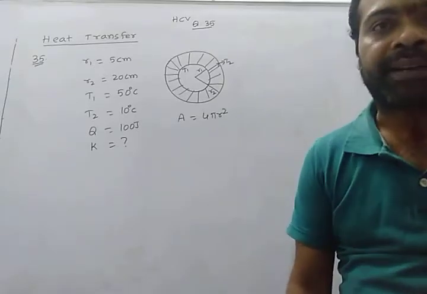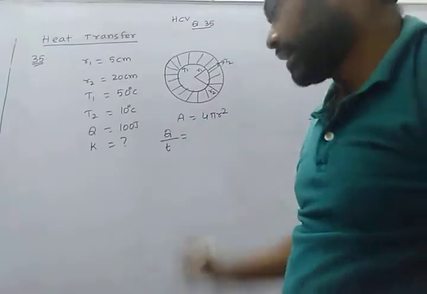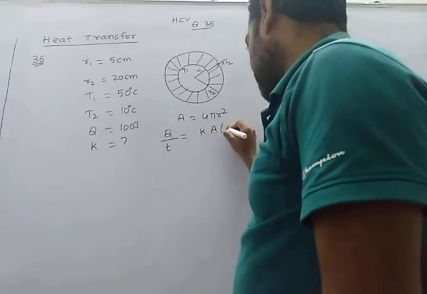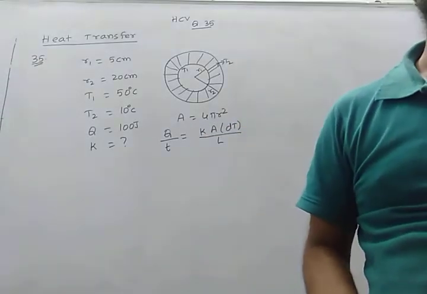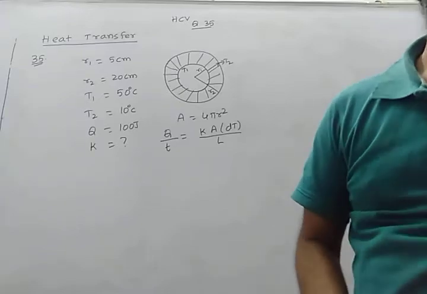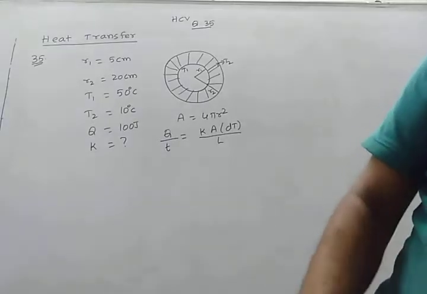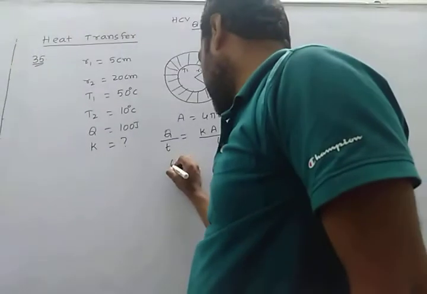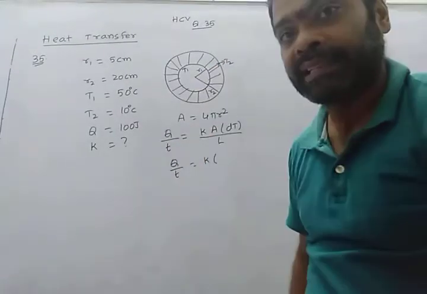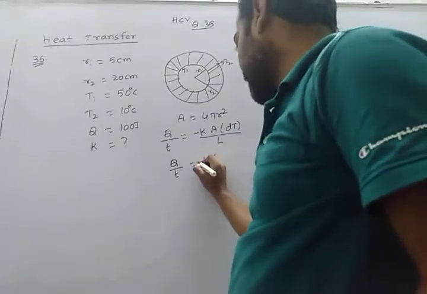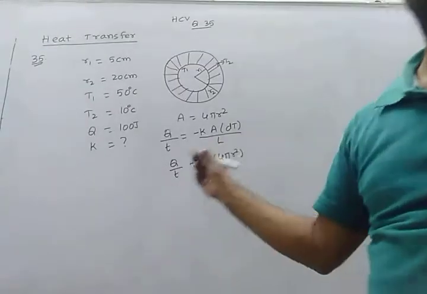Now according to the formula, the rate of heat flow I can write as K A into dT, the change in temperature, by thickness. So Q by t is equal to K times, since heat is radiated, I can put a negative, area 4 pi r square into dT.